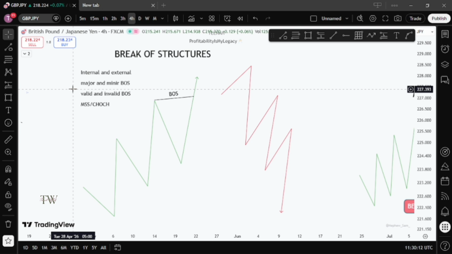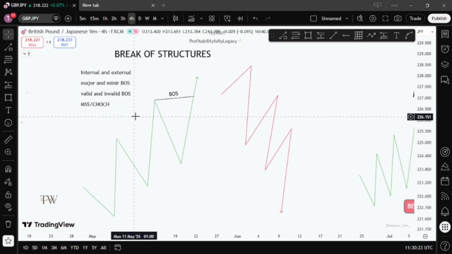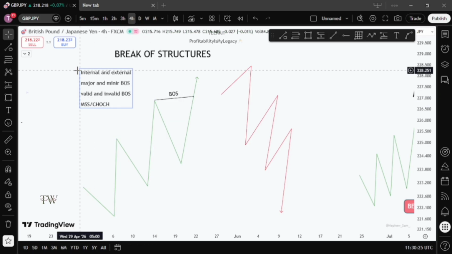It represents the smaller market movements inside the overall trend. So this internal break of structure is useful for refining your entries, lower time frame analysis, finding continuation setups. Let's assume you have a major setup on the higher time frame.